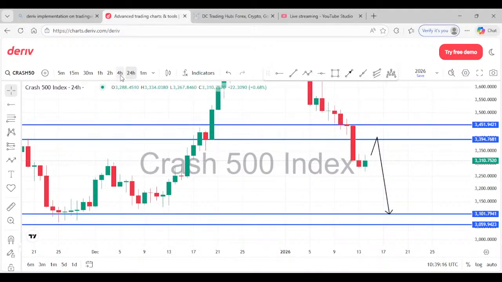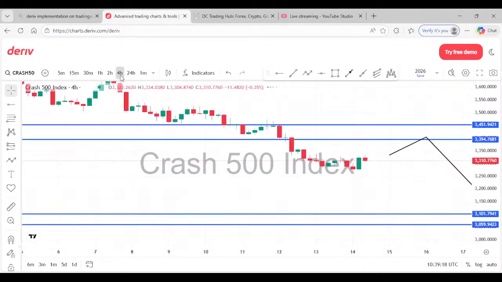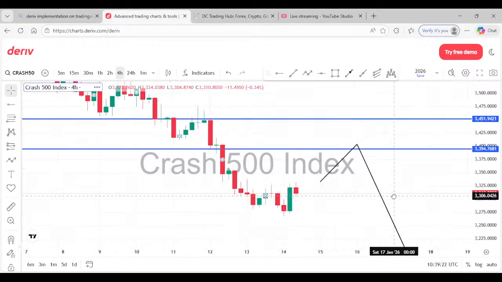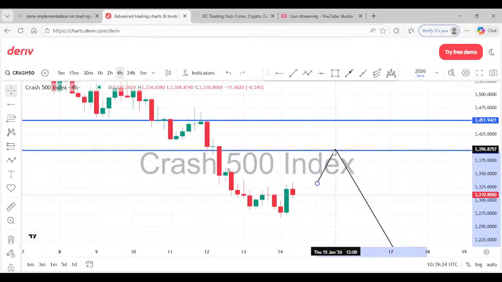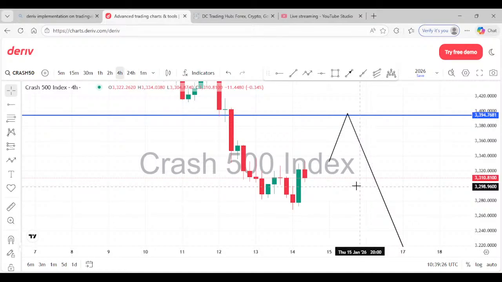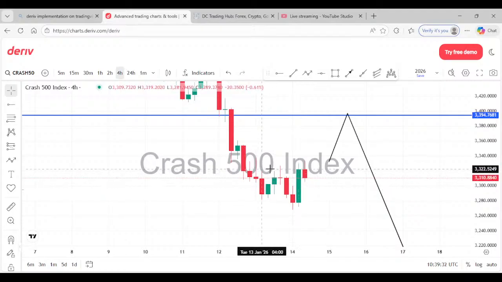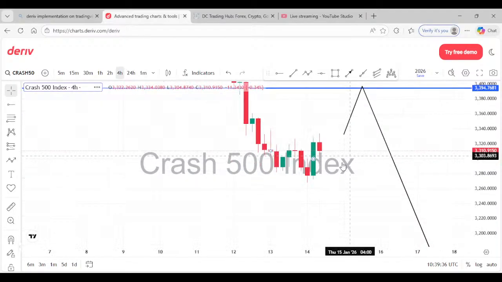Okay, let's look at the H4. Yeah, you see, something like this. And we have seen price giving us a strong bullish candle on the H1. This is just indicating that price has gained enough momentum to move upwards.